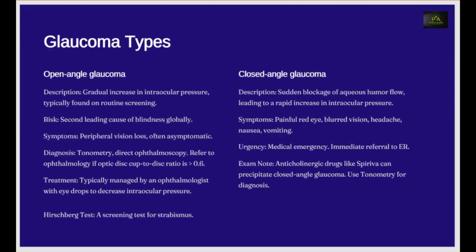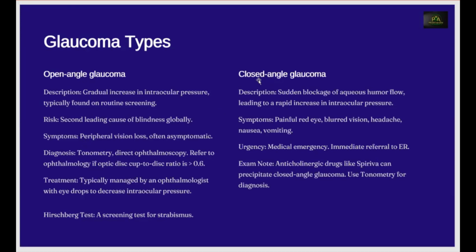So another important thing: open angle and closed angle glaucoma. We talked about it. Open angle, from the word open, is less severe. They already know that they have glaucoma. They are monitoring their levels, intraocular pressure. But when it's greater than 22, you can now refer them.